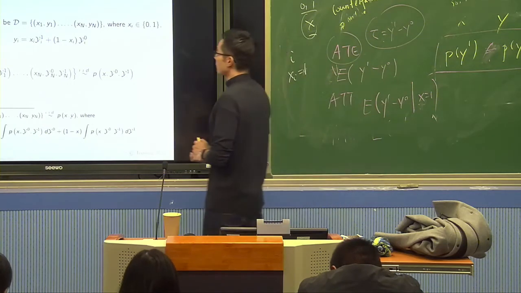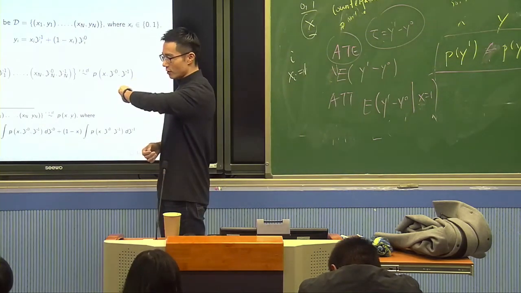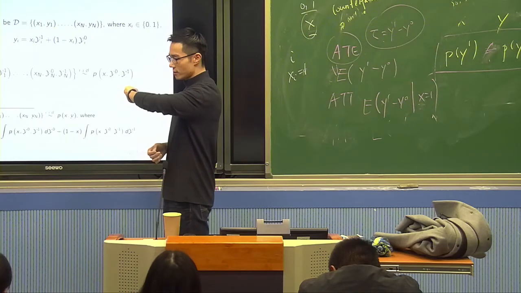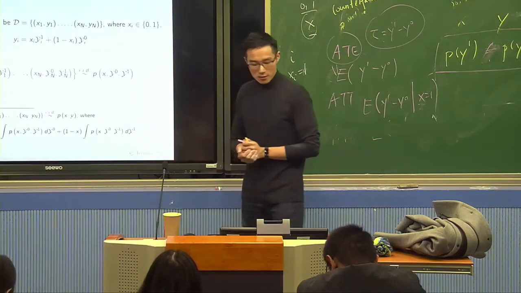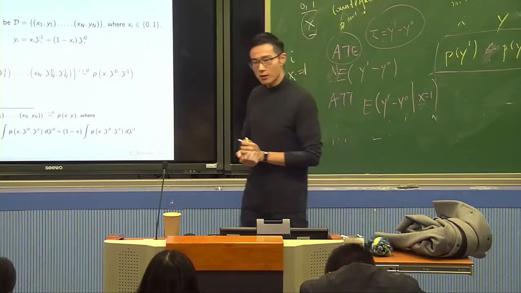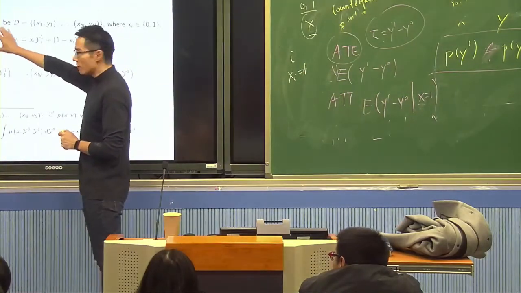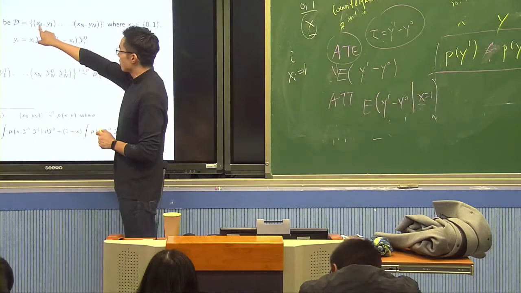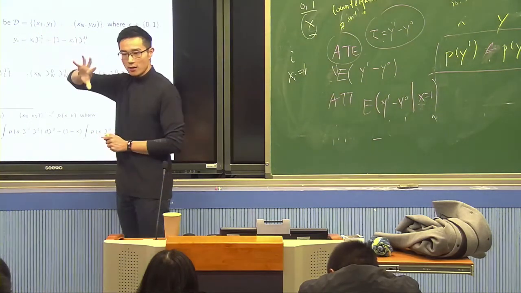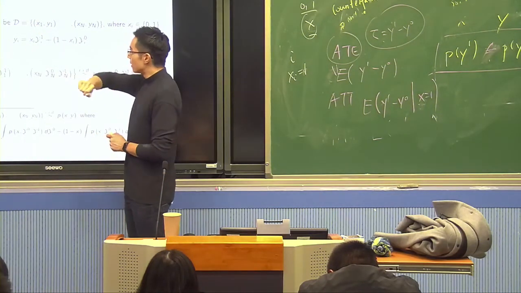So one way to think about the potential outcome framework is that our observed data is a distribution of x and y. X and y are our observed variables.